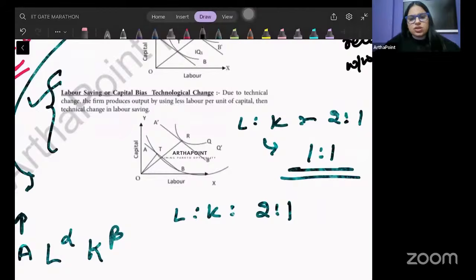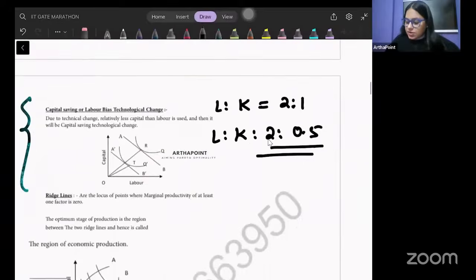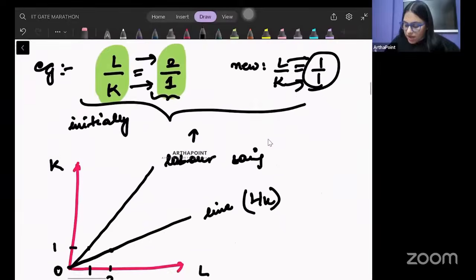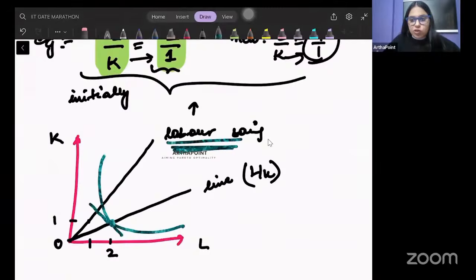Input saving has no relation with returns to scale. Correct. The two things are different. The two are not related to each other. So what will happen is, if initially my isocost had this point, right? This is where I was. Then now I have to be on this labor saving line.